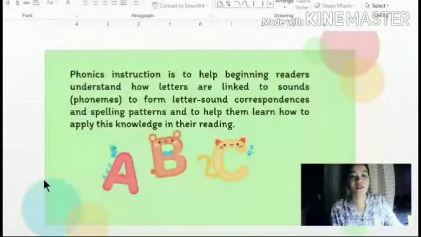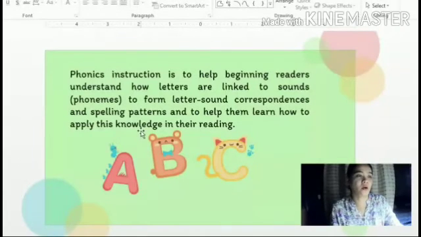Next, phonics instruction is quite similar to phonemic awareness. Phonics instruction helps beginning readers understand how letters are linked to sounds, or phonemes, to form letter-sound correspondence and spelling patterns, to help them learn how to apply this knowledge in their reading.